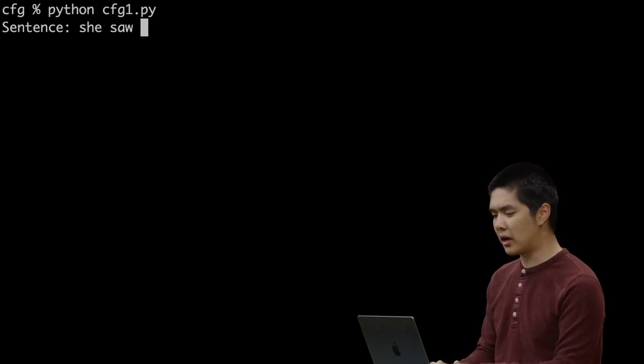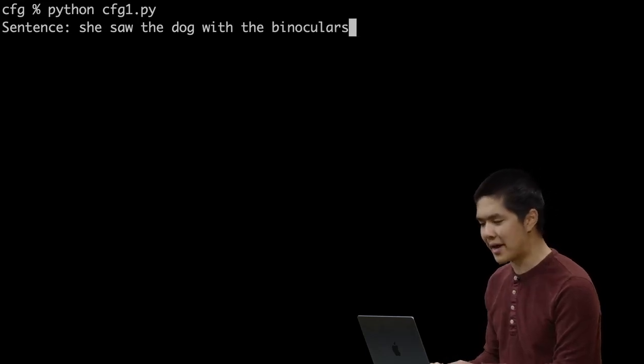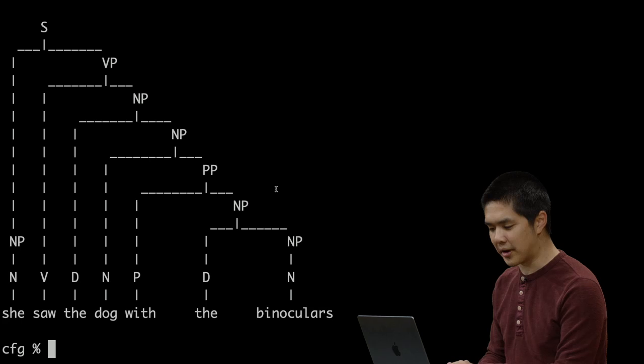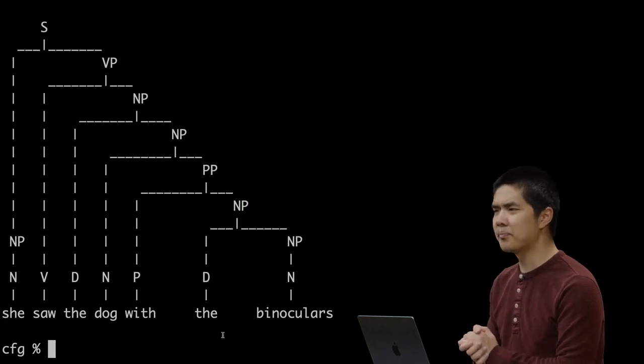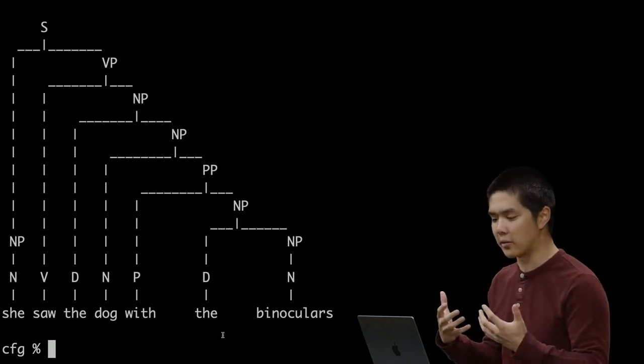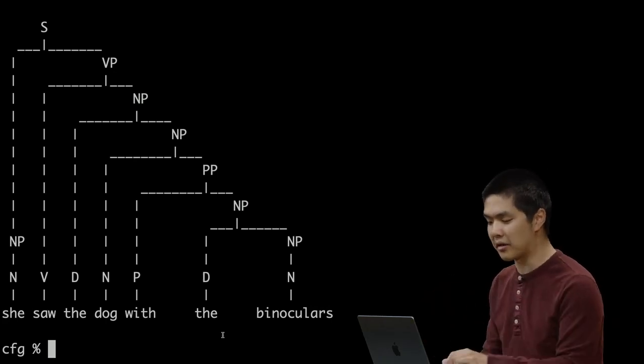Let's try another example. Let's say she saw the dog with the binoculars. And we'll try that sentence. And here, we get one possible syntax tree. She saw the dog with the binoculars. But notice that this sentence is actually a little bit ambiguous in our own natural language. Who has the binoculars? Is it she who has the binoculars or the dog who has the binoculars?